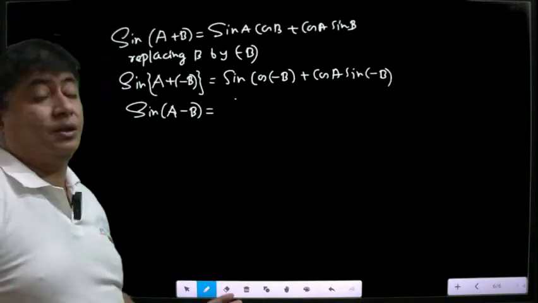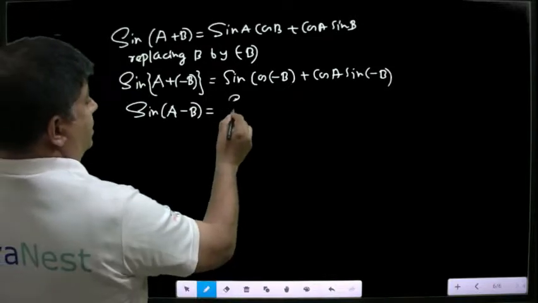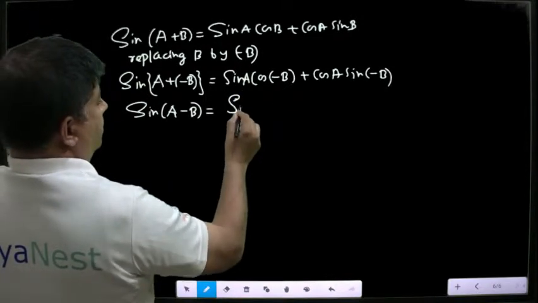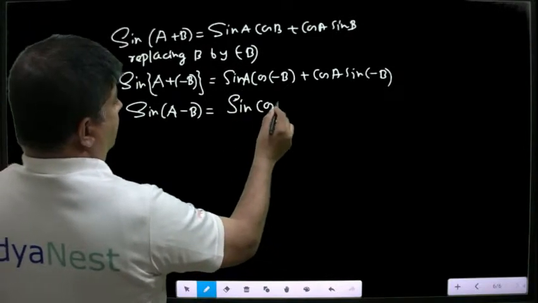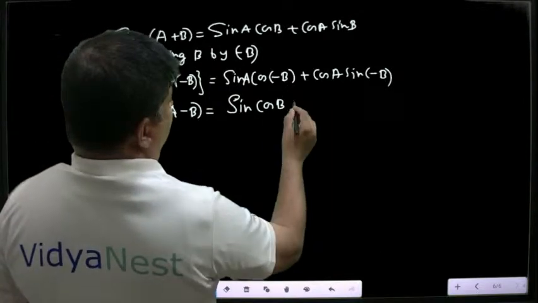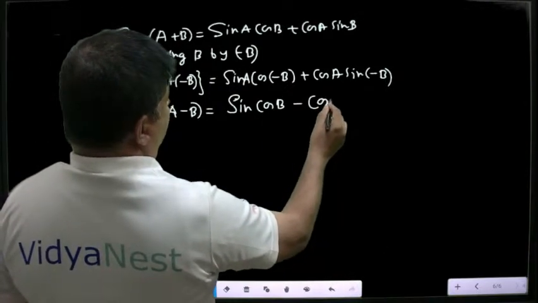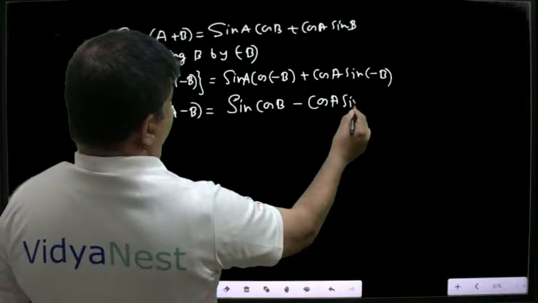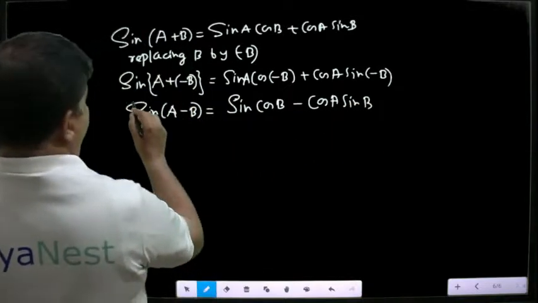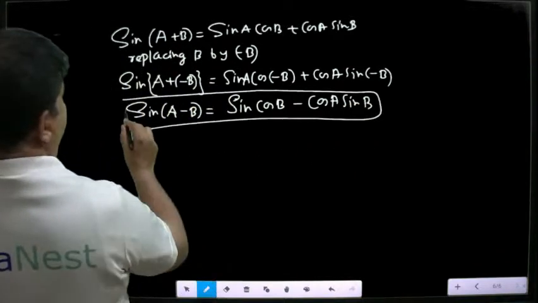You are already taught cos of minus theta is cos theta. Sin A cos B, that minus will be brought out, minus cos A sin B. Okay.